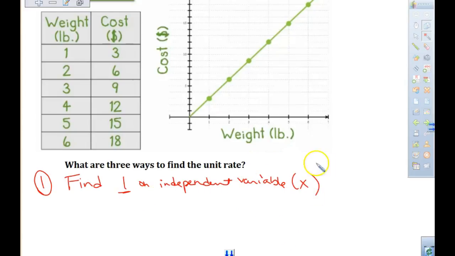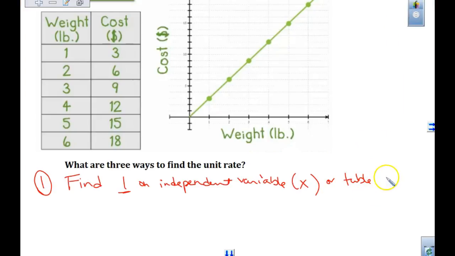So 1 on the independent variable, or when we look at the table, when we see the x value equals 1, it is the y value. So the independent is x, or in the table x equals 1. We're going to find the y value. The y value will be our unit rate.